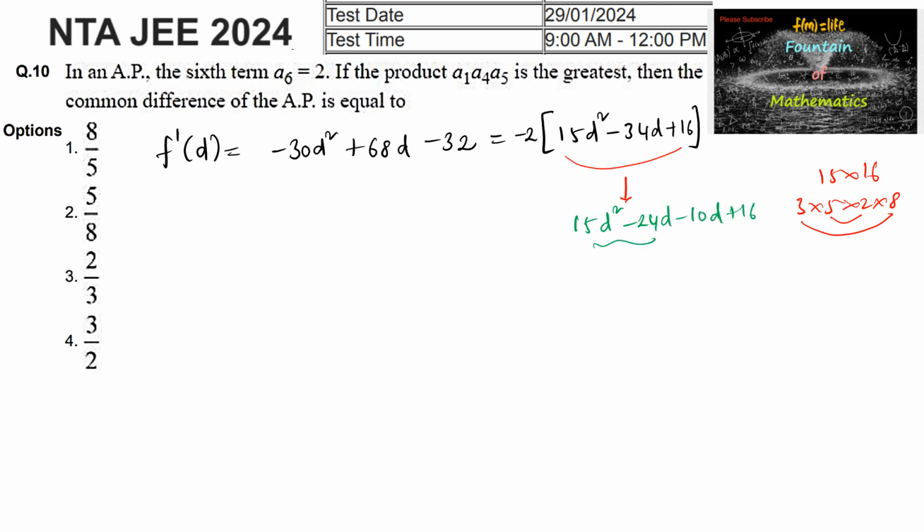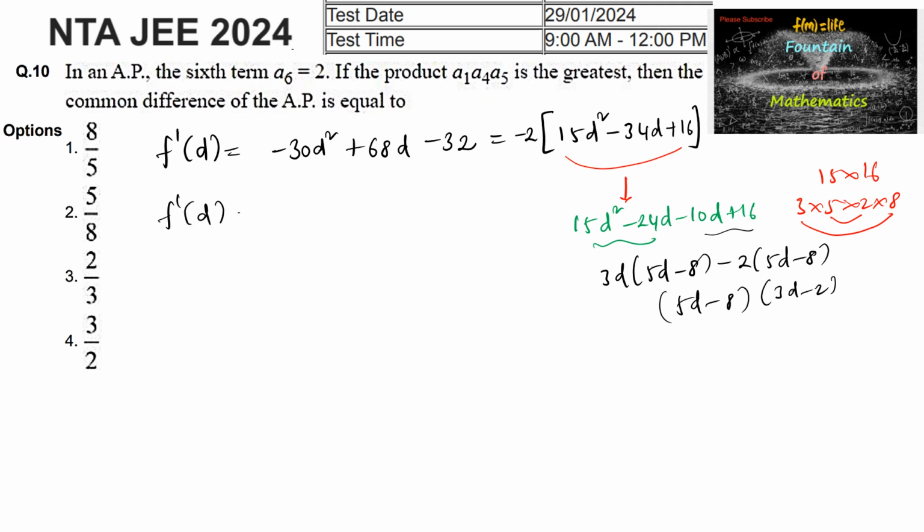So from the first two terms we can take 3D common, so we can write 5D minus 8, and from the second two terms we can take 2 common, 5D minus 8. So we can write 5D minus 8 into 3D minus 2. So f dash of D is equal to minus 2 times of 3D minus 2 into 5D minus 8. So the critical points are D is equal to 2 upon 3 and D is equal to 8 upon 5.